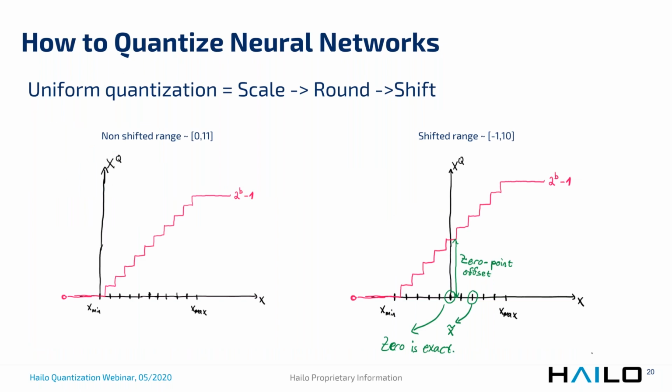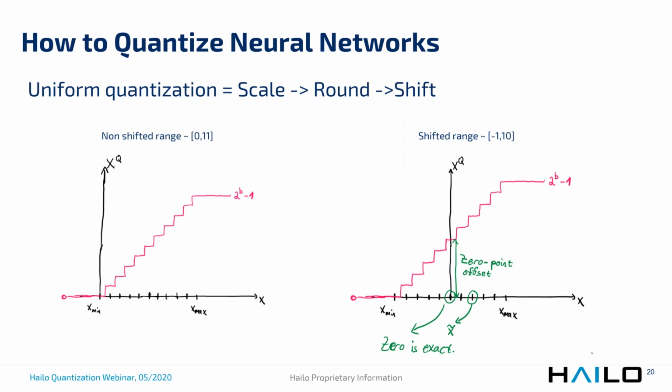Okay, so what we want is simple enough. We want to represent real numbers within some range by using integers. And the conversion process is going to involve 3 operations: a scaling operation, a rounding operation, and a shifting operation. So to illustrate that, let's look at the diagram on the left. We have real numbers that are positive in the range 0 to 11, and we want to represent them with an unsigned integer. So there's a simple correspondence.